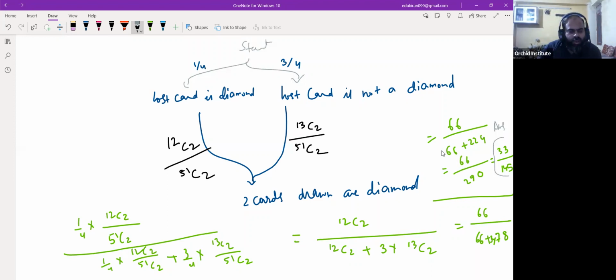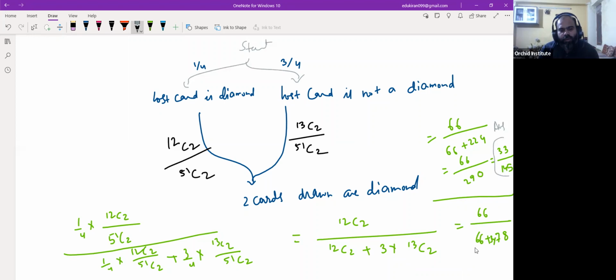Okay, so let us see the calculation part. This part is fine, I think. Diamonds are 13 now, okay. And it is 13C2 by 51C2. It is also fine. So 12C2 by 12C2 plus 3 into 13C2. 13 into 6, 78 into 3.